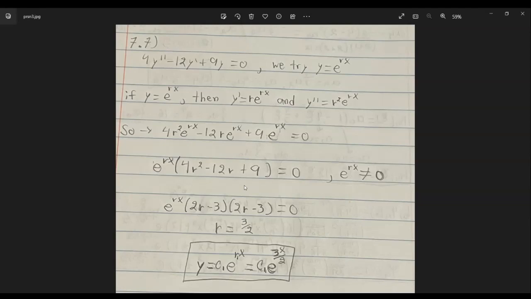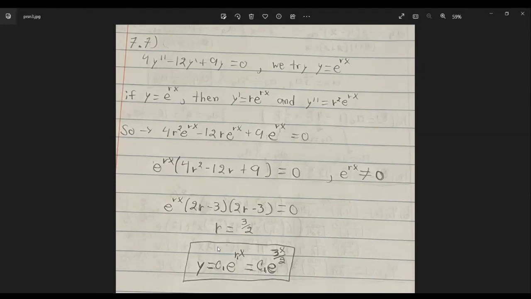So we have 4 times r squared e to the rx minus 12r times e to the rx plus 9 times e to the rx equals 0. And we factor out e to the rx to solve the square. And we know that e to the rx cannot equal 0 no matter what r or x is. And so we are left with just r equaling 3 over 2.